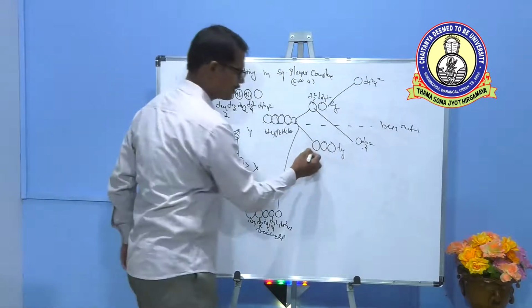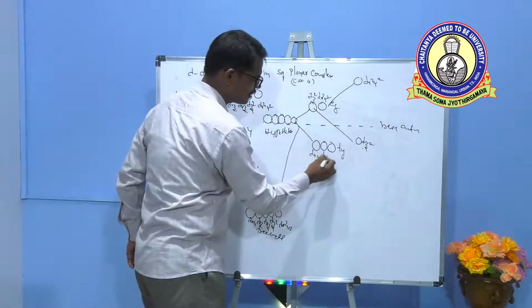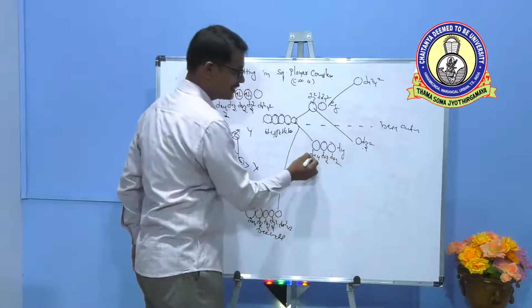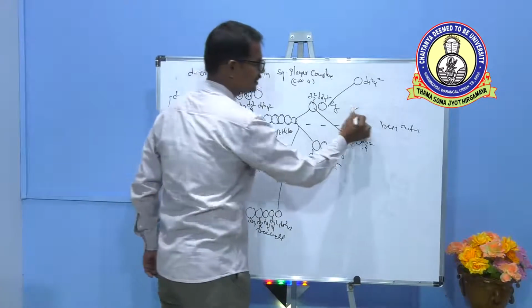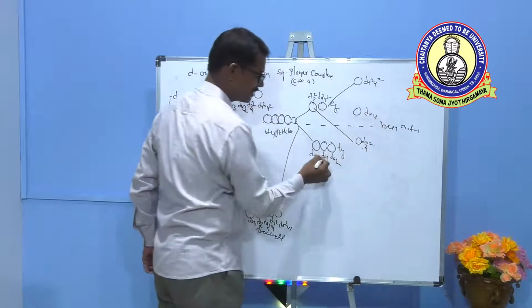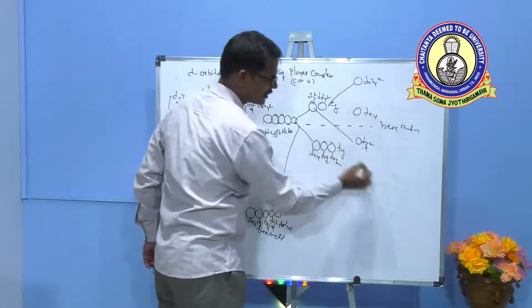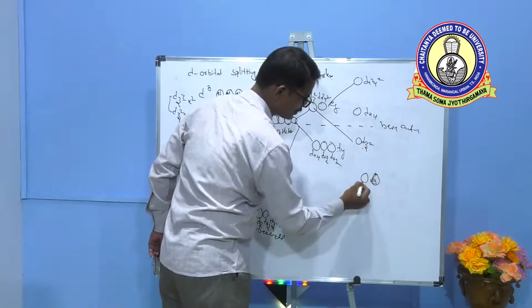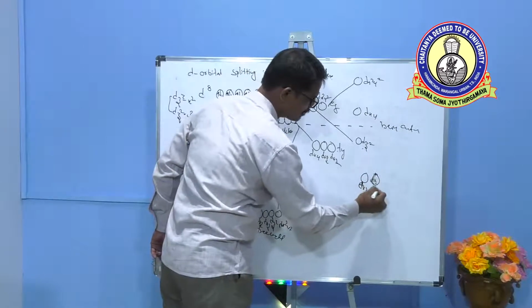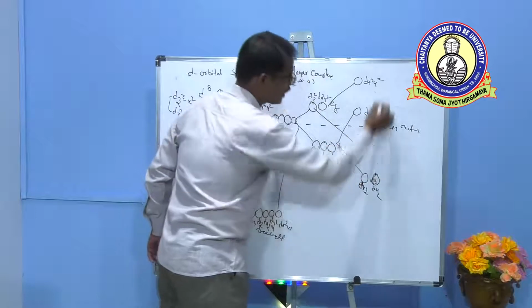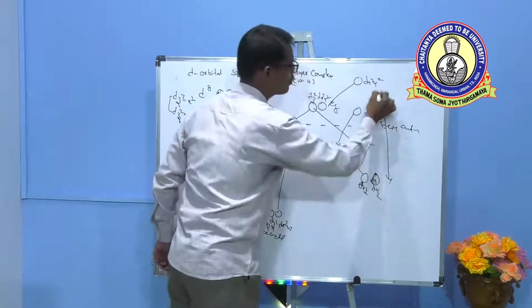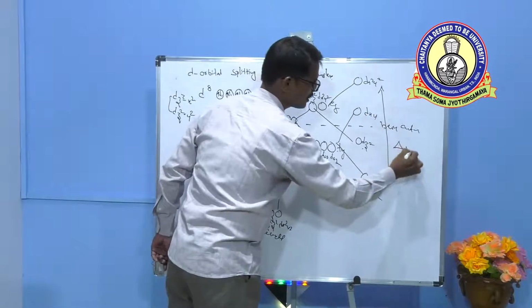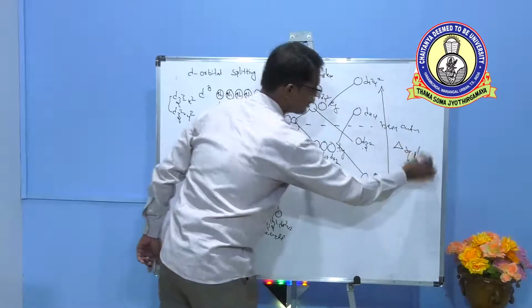In T2g orbitals, dxy, dxz, dyz, xy orbital energy increases, z orbital's energy decreases, dxz, dyz. And the energy difference between lower energy to higher energy is delta square planar.